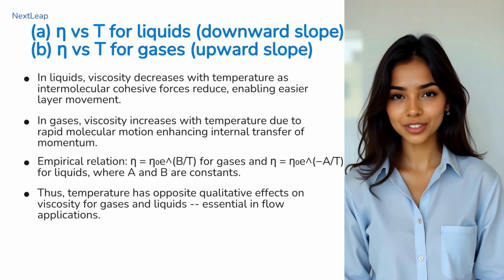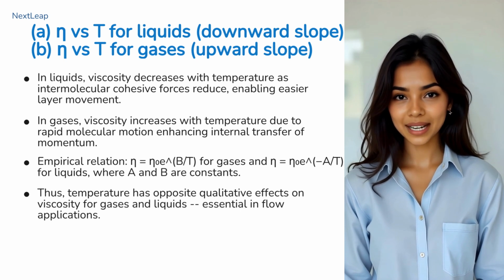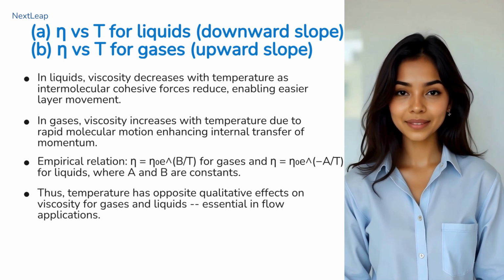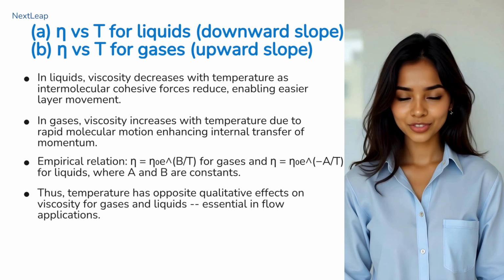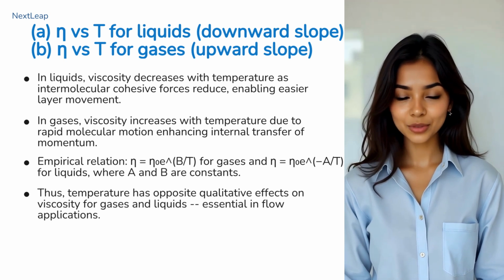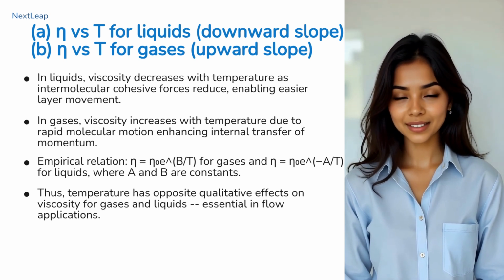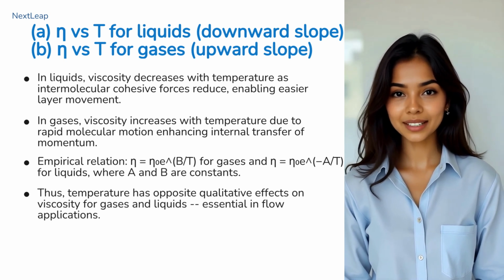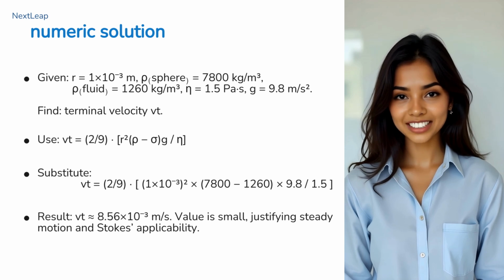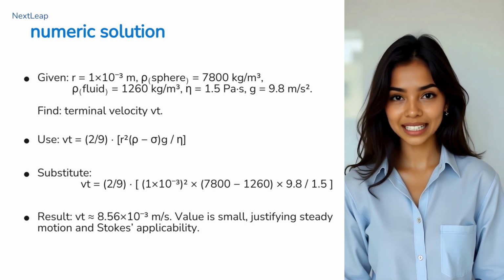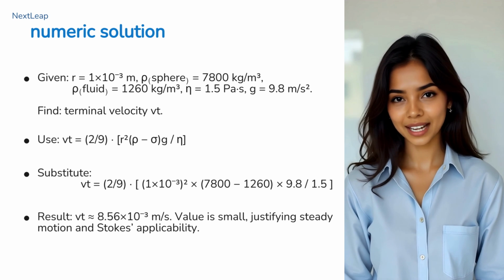If you were to see plots of viscosity versus temperature, liquids would show a downward slope and gases an upward slope. This contrasting behavior is crucial for understanding and designing systems where temperature and fluid flow interact, like in engines or meteorology. Let's wrap up with a quick example problem on terminal velocity that brings all this theory to life.